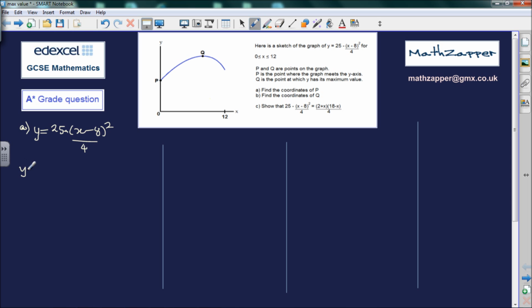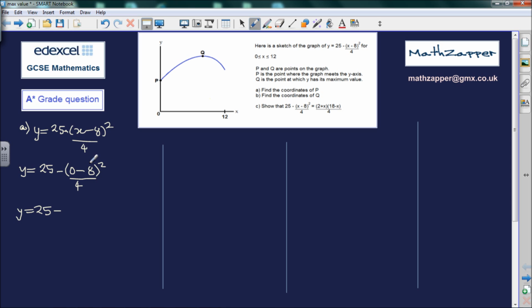So now we can say that y is equal to 25 minus (0 minus 8) all squared divided by 4. This gives us y is equal to 25 minus, 0 minus 8 is minus 8.